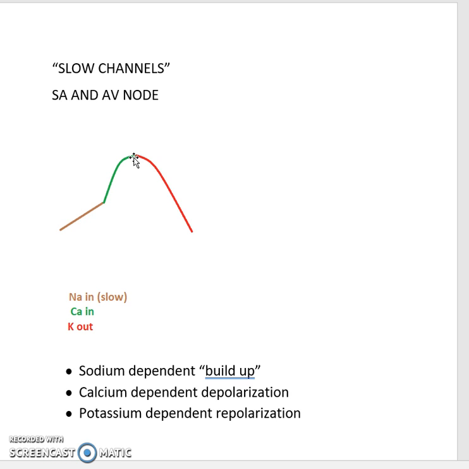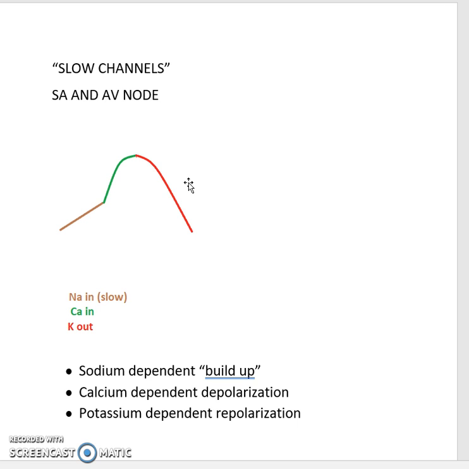Like the action potential you are used to, it also relies on a slow leak of sodium into the cells to reach the threshold to depolarize, and also like the action potential you are used to, it is reliant upon calcium leaving the cells to repolarize.